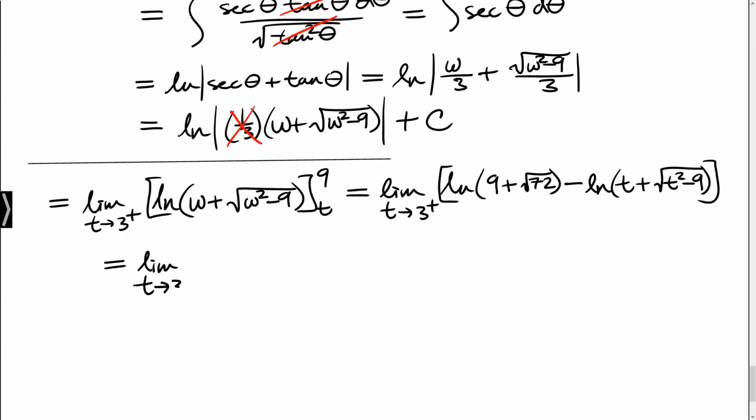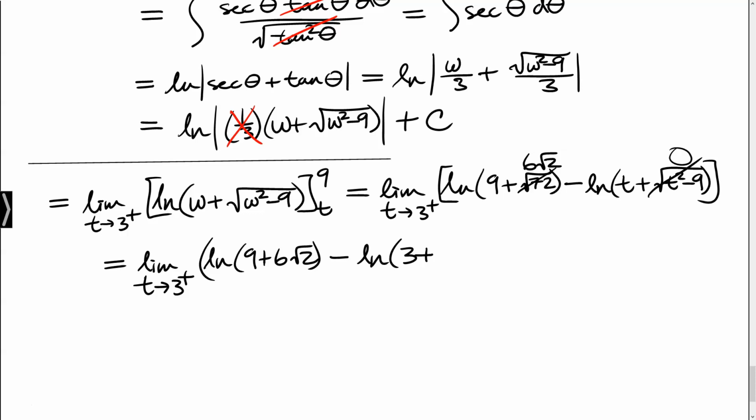Remember that square root 72 is 6 root 2. So it's the limit of ln 9 plus 6 root 2 minus ln of 3 plus, oh, that's just going to be 0, right? 3 squared is 9, so that's just going to be 0. Okay, plus 0.